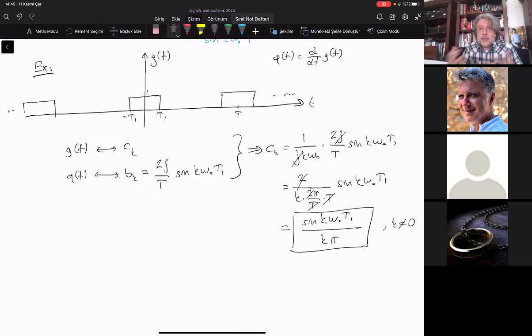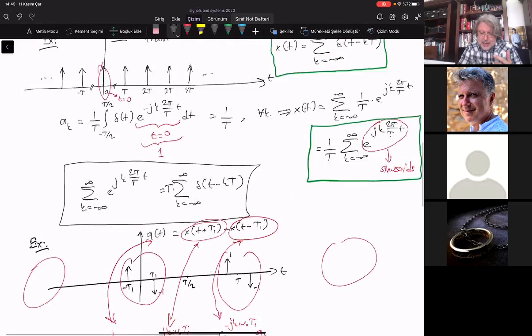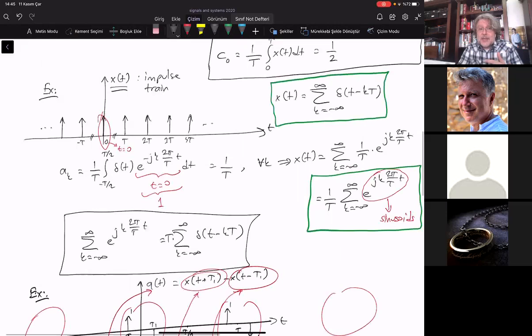So if you ever forget the Fourier series coefficient formula of a rectangular box, you may just find it using the formula of what the Fourier series coefficients are. It was an integral formula, as we remember. But even that formula you may not remember, but instead you may remember that the impulse train Fourier series coefficients are all 1 over capital T, and you know the derivative property.